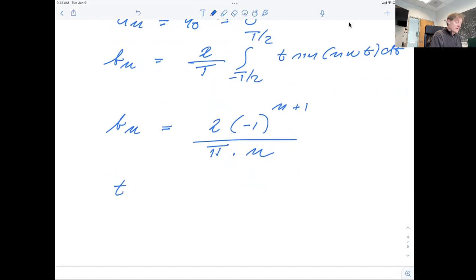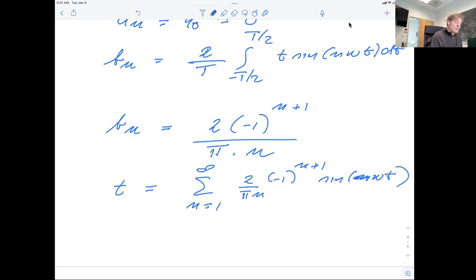My t now is going to be given by a sum which goes from n equal 1 to infinity. I don't have an n equals 0 term. And with that, I'm going to have something which runs like 2 divided by pi n, times minus 1 to the power of n plus 1, multiplied with sine of n omega t.